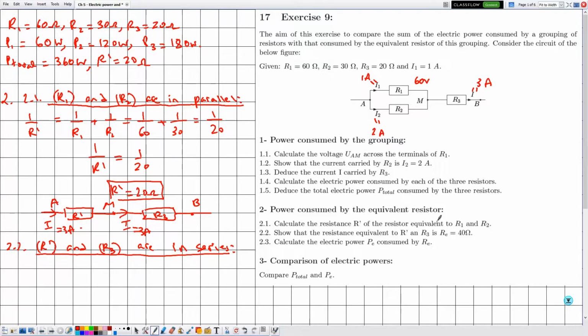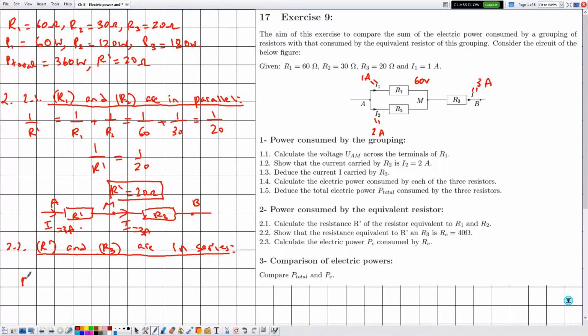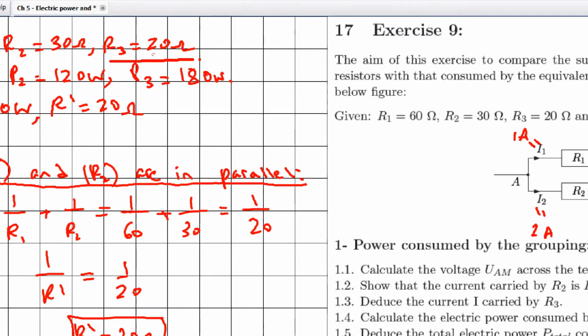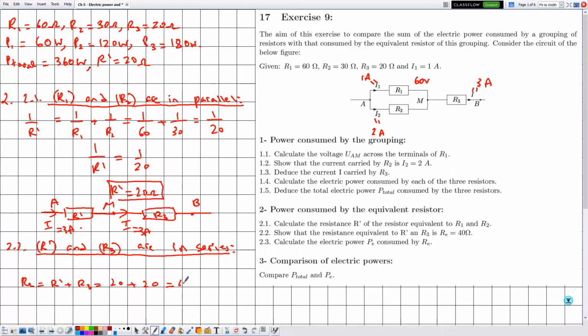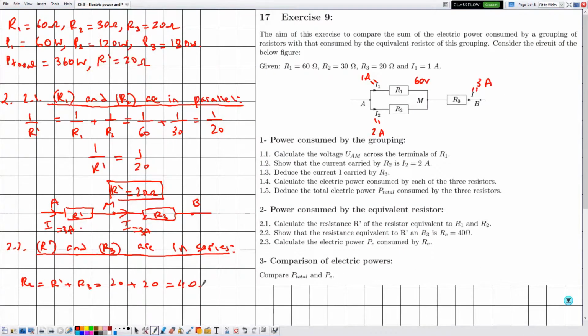In this case, the equivalent resistance, denoted by RE, is given by R prime plus R3, which is equal to 20 plus 20, because R prime is 20 and R3 is 20, which is equal to 40. Since both are expressed in ohms, the value of RE will be in ohms. So RE is equal to 40 ohms.